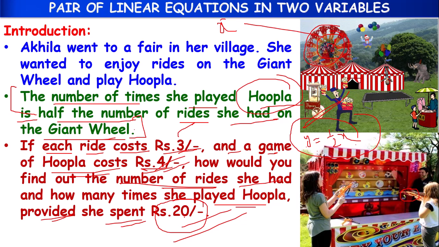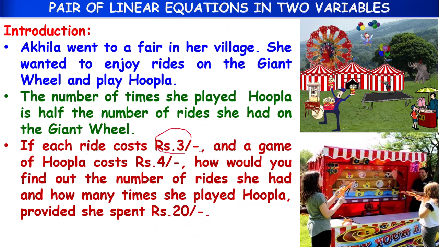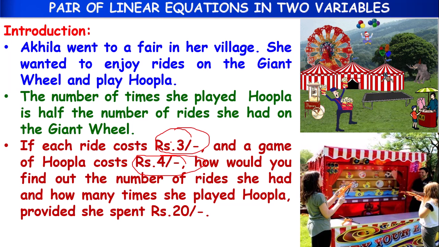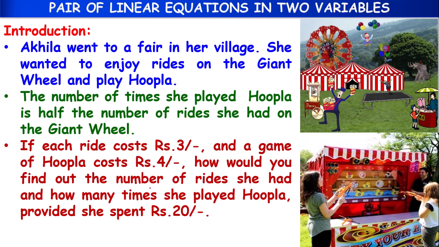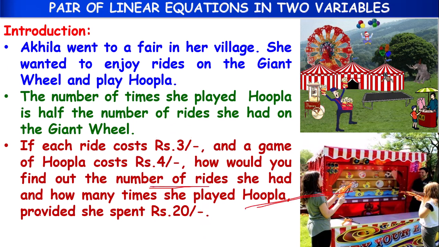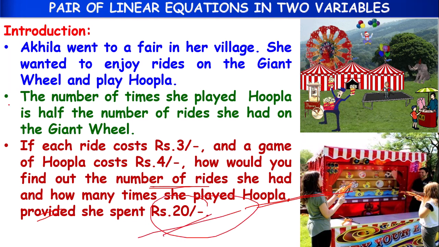For each ride ₹3, and for each game ₹4. Overall, she has spent ₹20. So now we have to find how many rides and how many hoopla games are possible with ₹20, satisfying these two conditions.